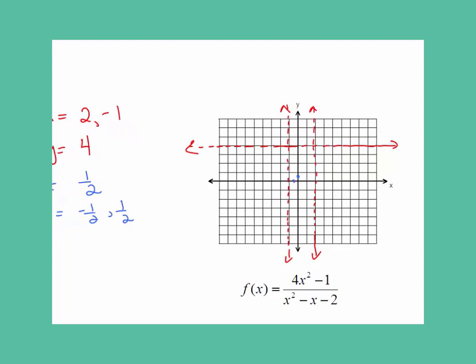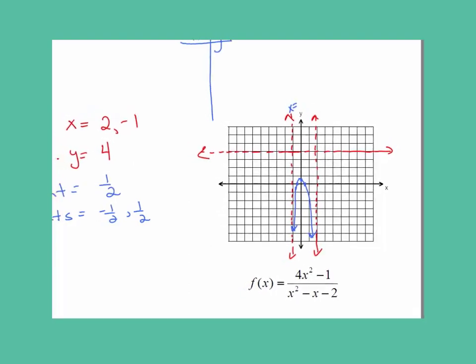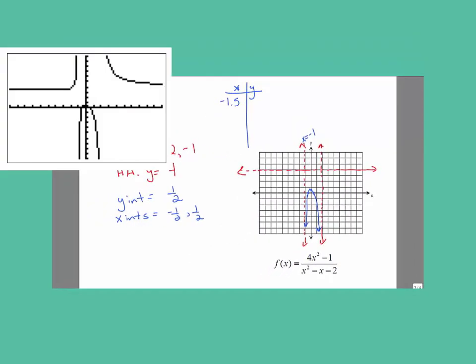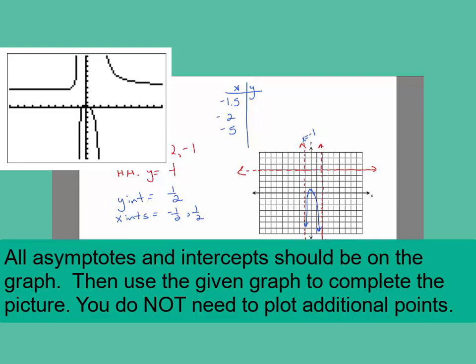As we plot the intercepts, you should notice the graph peaks at the y-intercept and then falls to the right to cross the x-axis and also falls to the left to also cross the x-axis. Once the graph gets close to a vertical asymptote, it is not just going to turn in the opposite direction.